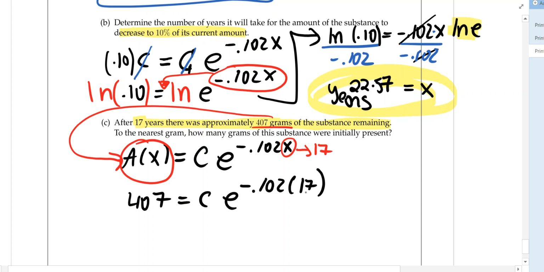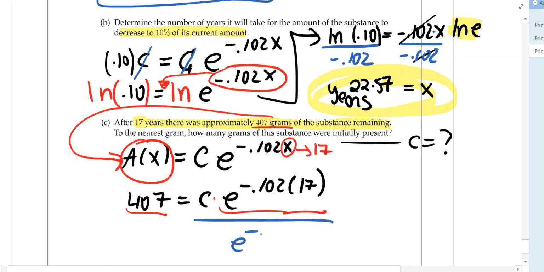And it says, to the nearest gram, how many grams of the substance were initially present? So they're asking you, what is C actually? So we're solving for C, and notice that C is multiplied by this. This is just a number. So to solve for C, I have to divide both sides by this number. There's no need for logs in here.